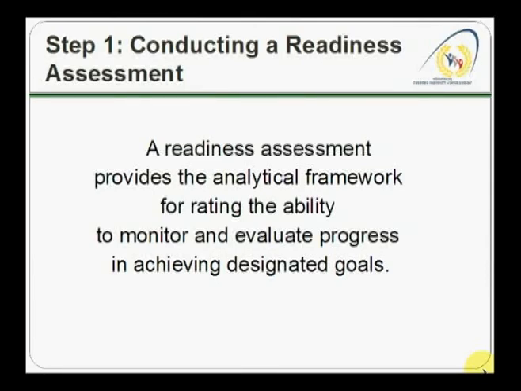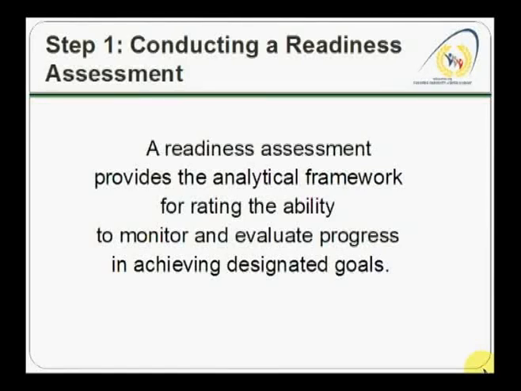Basically, this very first step is when, as a CEC manager, you would study and determine the ability of people around you to monitor and evaluate progress in achieving the goals that you have designated for your CEC.